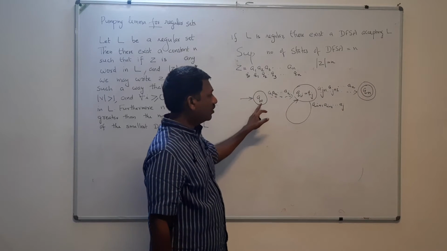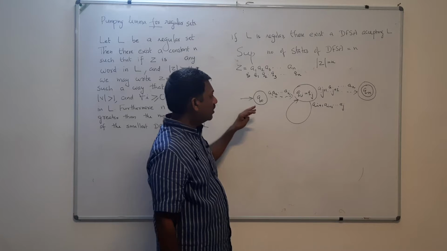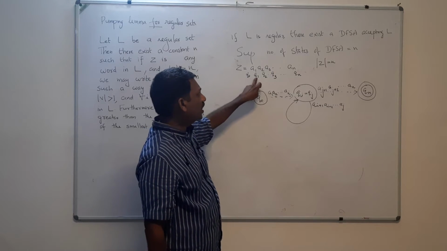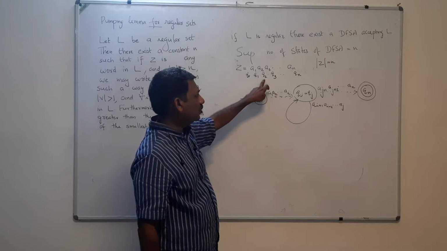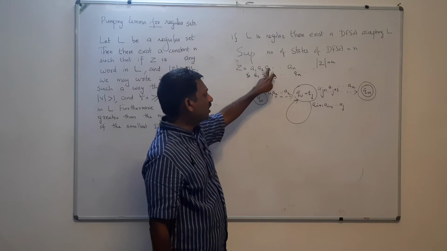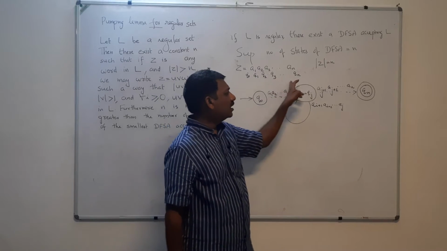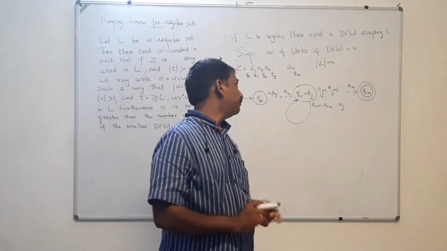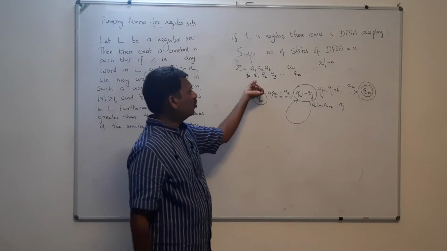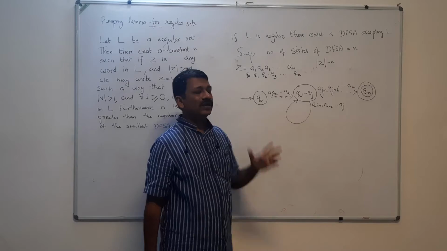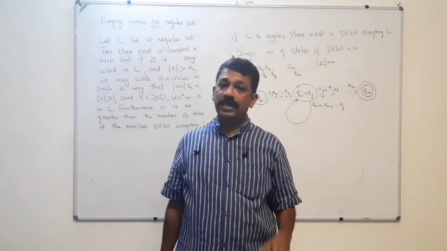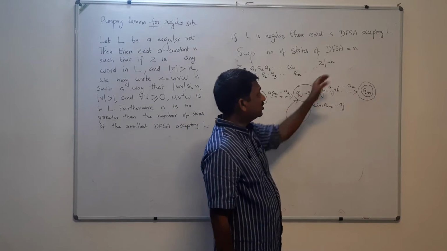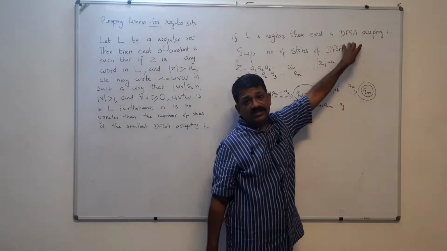Now q0 after accepting a1 is moving to q1, and q1 after accepting a2 is moving to q2, and q2 on accepting a3 is moving to q3, and likewise after accepting an it is moving to qn. Say q0, q1, q2, q3, etc. up to qn, how many states are there? n plus 1 states are there. But as per our assumption, we have only n states.